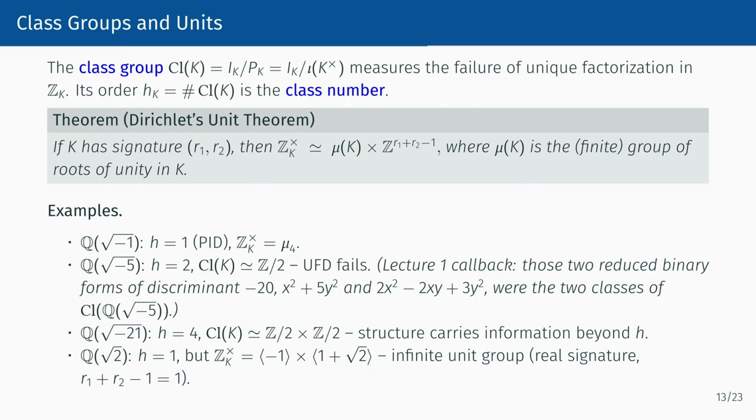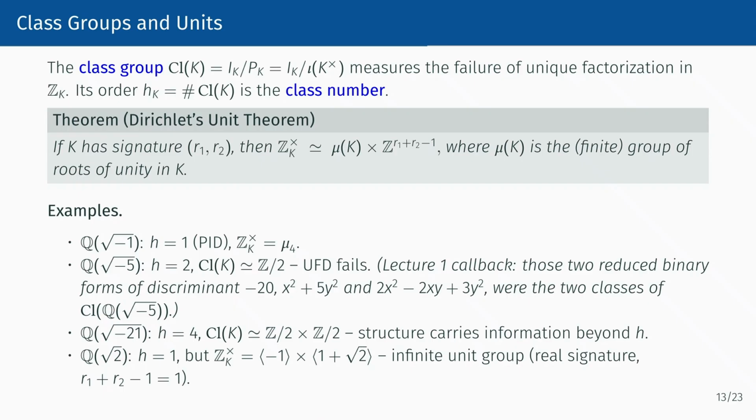The form x squared plus 5y squared is the norm form on the ring of integers, and the other quadratic form is the norm form on a non-principal ideal. These represent the 2 classes of ideals. So these are the 2 binary forms of discriminant minus 20 that you saw yesterday that belong to the same genus but are not isometric.